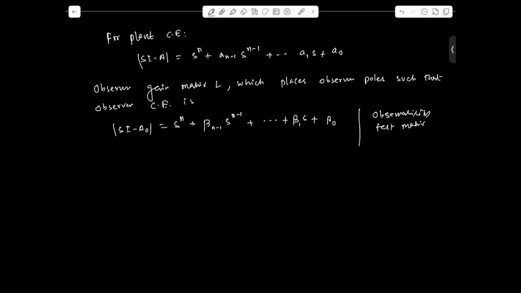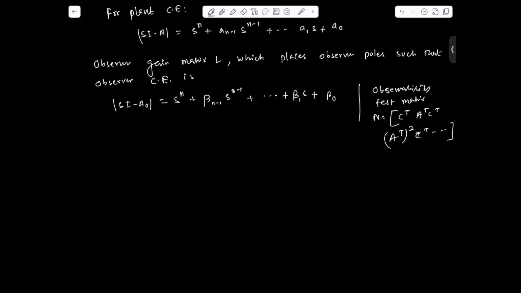We had N equal to C transpose, A transpose C transpose, A transpose square C transpose, something like this, right? So here also we can follow the same process we followed for the control design. So finally, we have the observer gain matrix L in this structure.